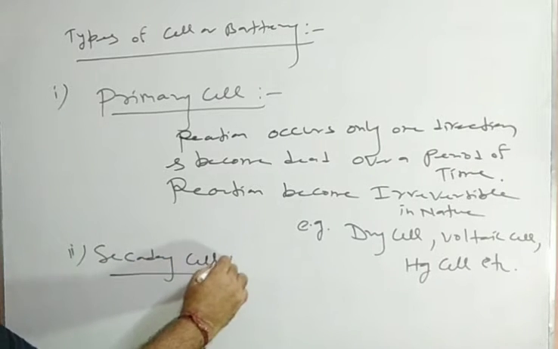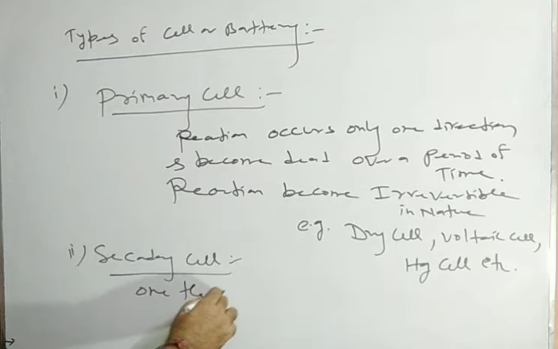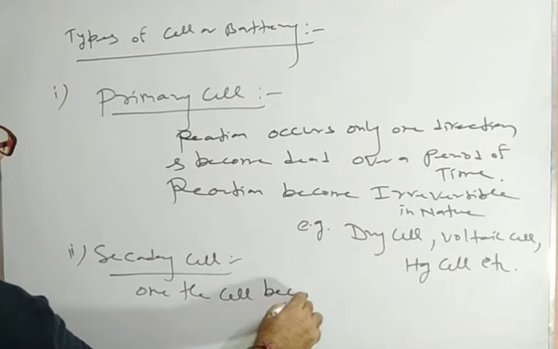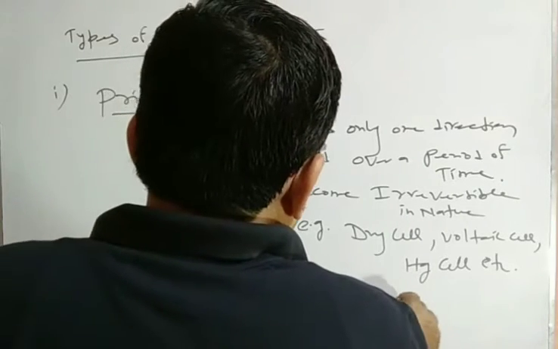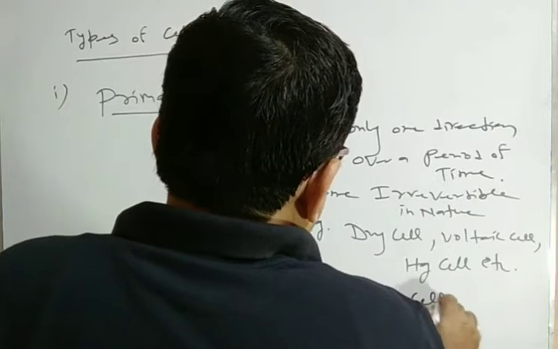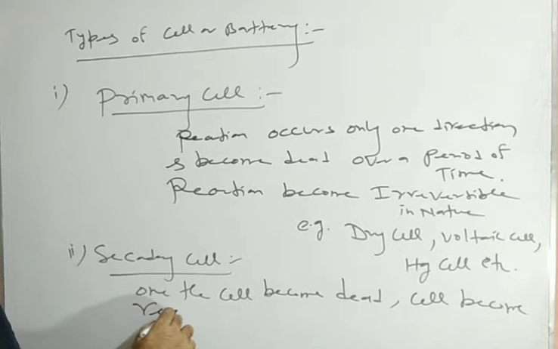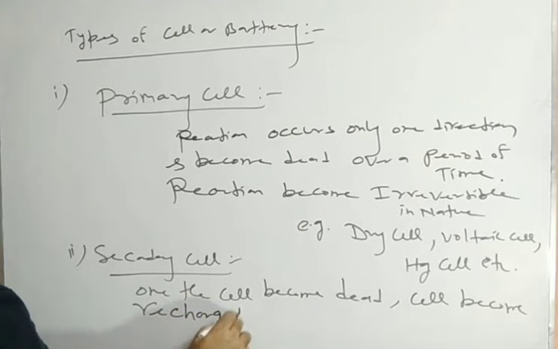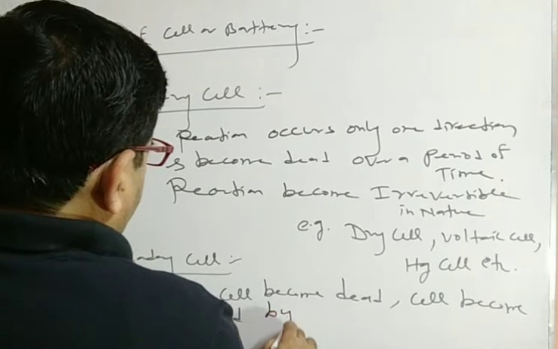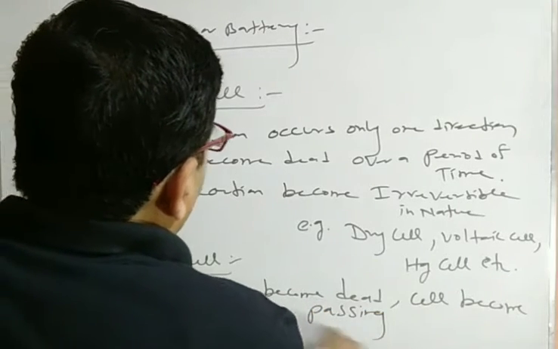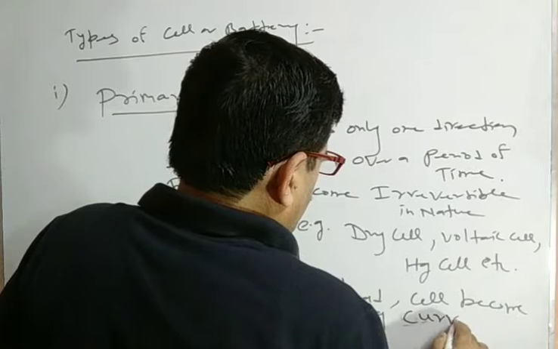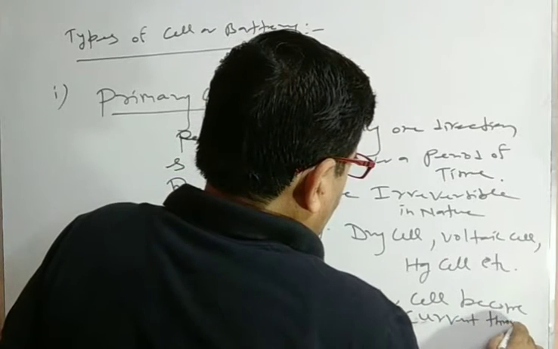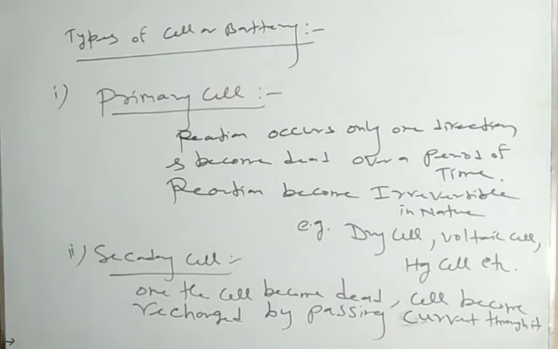And the second one, secondary cell. When the cell becomes dead, the cell can be recharged by passing current through it.